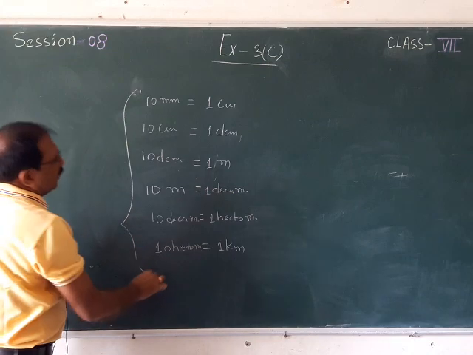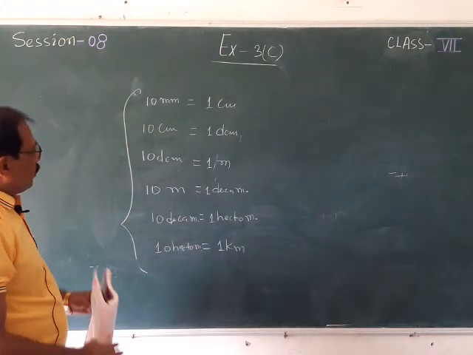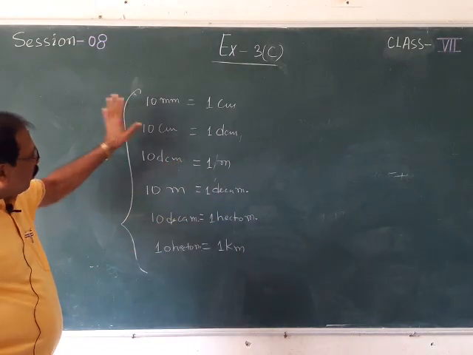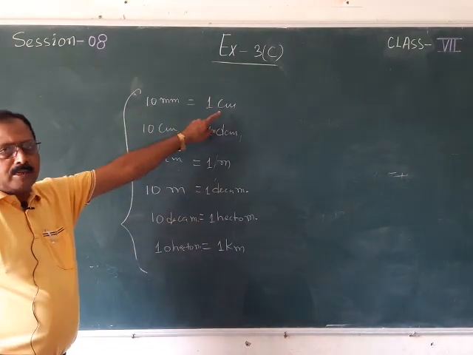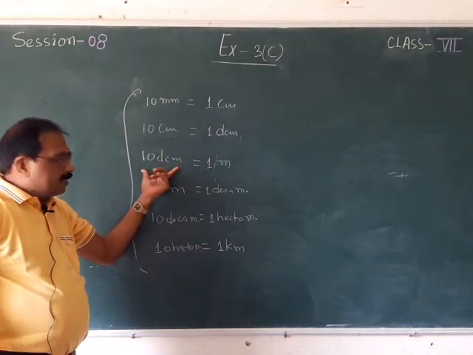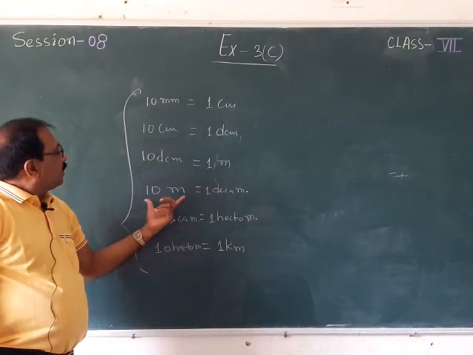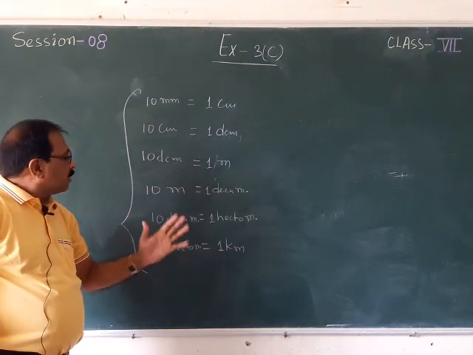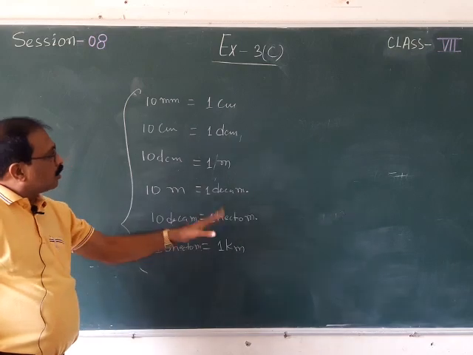This is the prominent relation of length. This will be helping you in doing a lot of questions. 10 millimeter means 1 centimeter, 10 centimeter means 1 decimeter, 10 decimeter means 1 meter, 10 meter means 1 decameter, 10 decameter means 1 hectometer, and 10 hectometer means 1 kilometer.